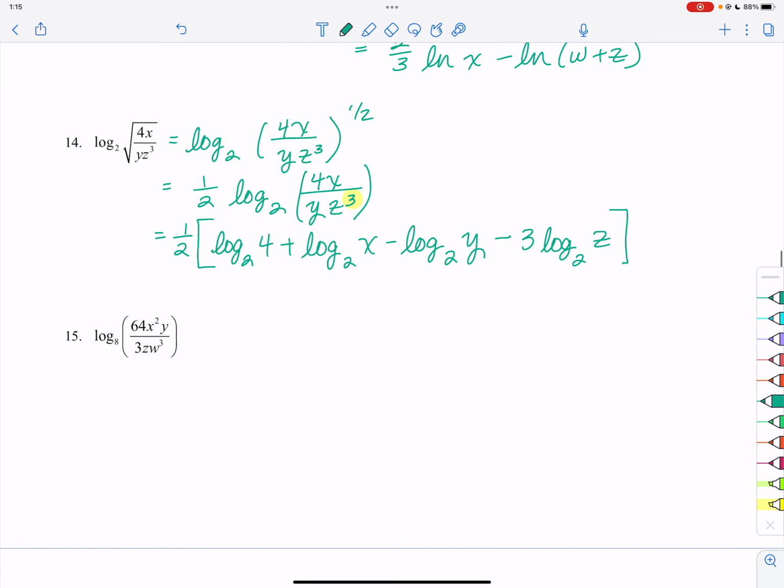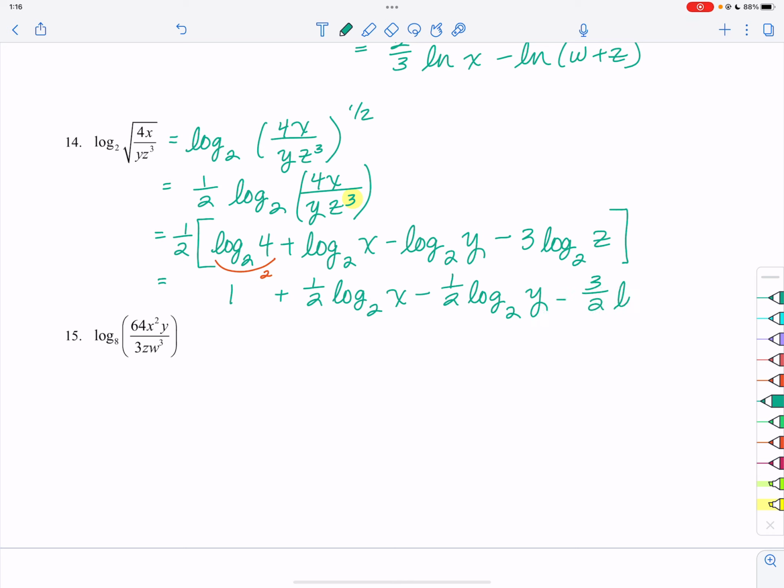And now what we can do is notice here that this is equal to 2. So we can go ahead and distribute the 1/2 to that, and we have 1 plus 1/2 log base 2 of x minus 1/2 log base 2 of y minus 3/2 log base 2 of z.